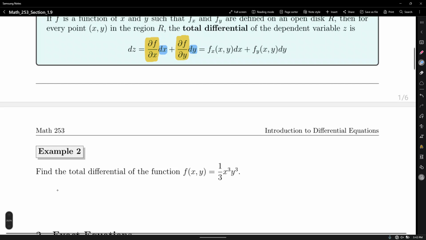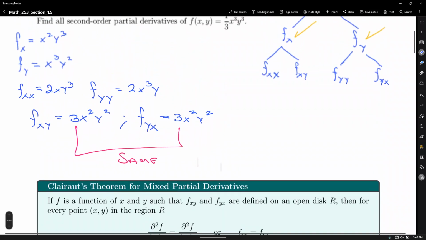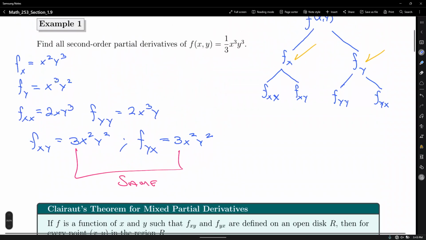Instead of z, this can simply be df equals the partial of f with respect to x, dx, plus the partial of f with respect to y, dy. We don't need to calculate this anymore because we already calculated it on the previous page. So the derivative with respect to x is x squared y cubed, and with respect to y, x cubed y squared.